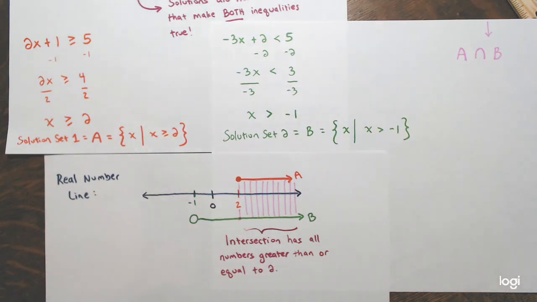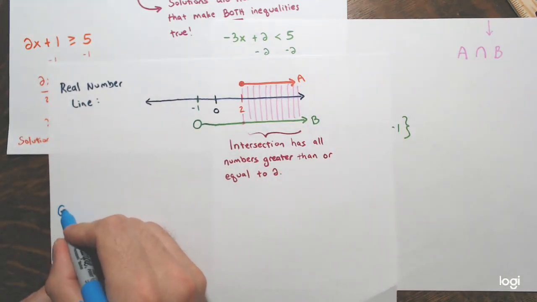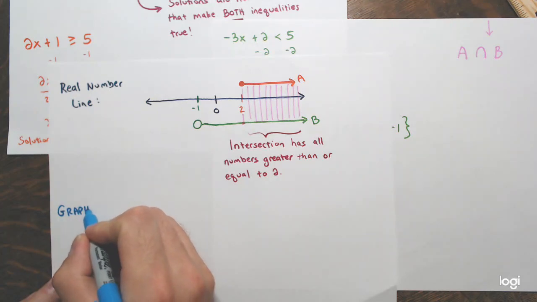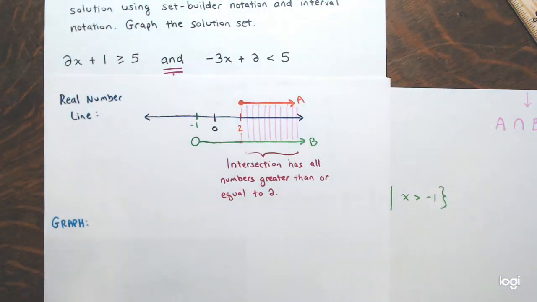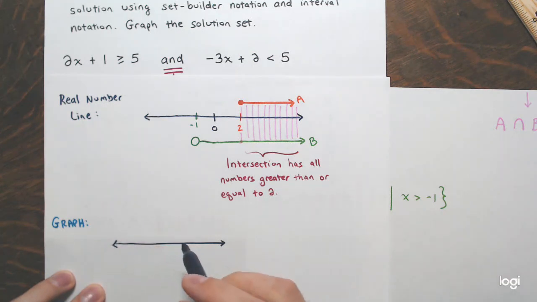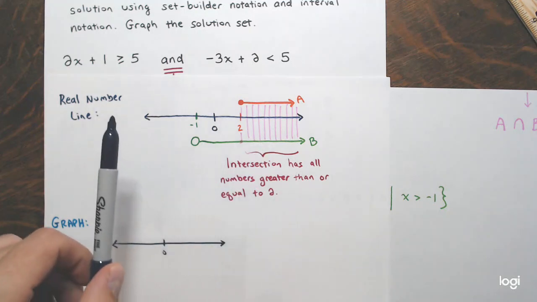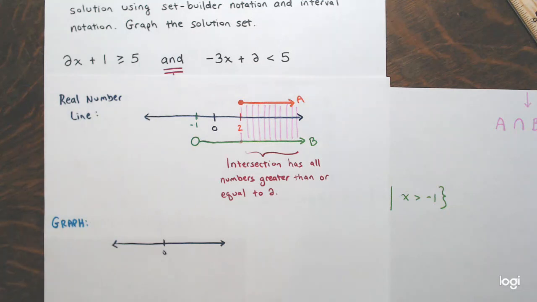Great. So let's make a graph of this. So the graph of the solutions to this compound inequality, this one we started with, I have the real number line. There's 0. And as we said here, all the numbers that make both of these true, this inequality and this inequality, are just the numbers greater than or equal to 2.